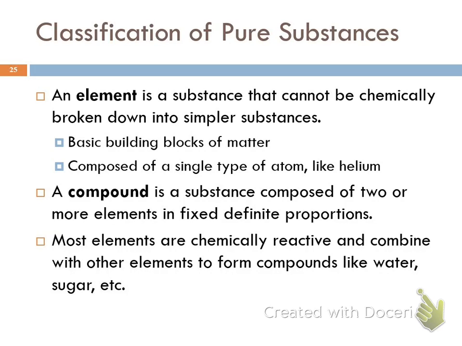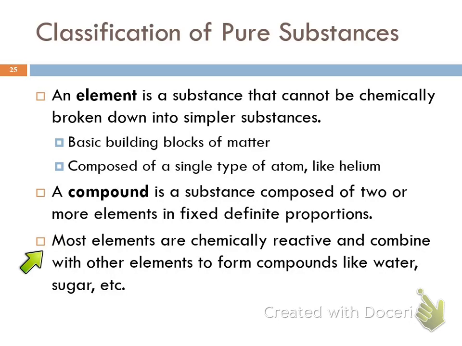When you have carbon monoxide gas, it's always 1 oxygen to 1 carbon, always. If it was a mixture, that proportion could vary, and you'd have different types of particles. Carbon dioxide is always 2 oxygens to 1 carbon. The proportion is always the same.